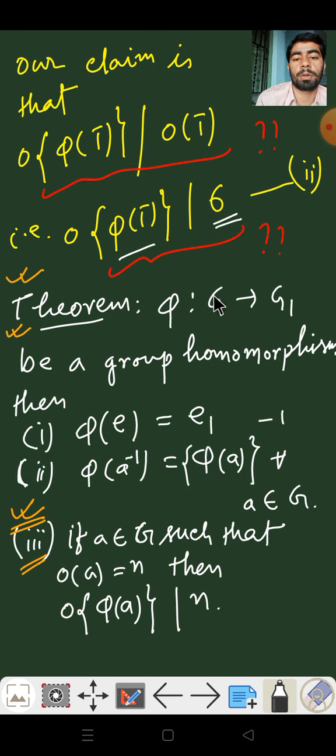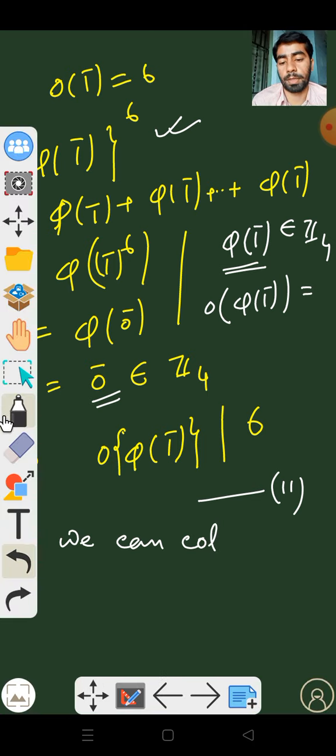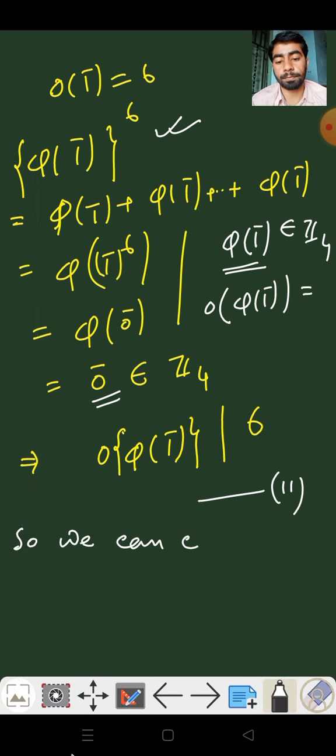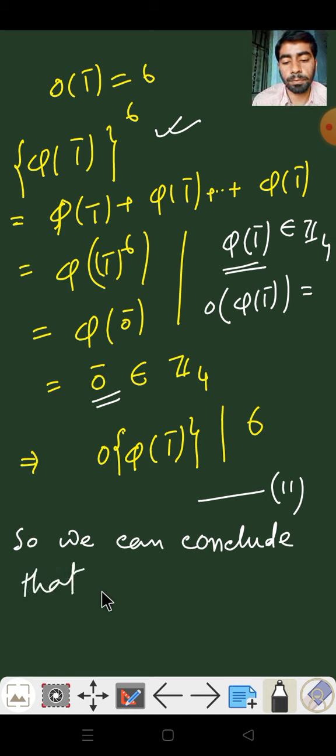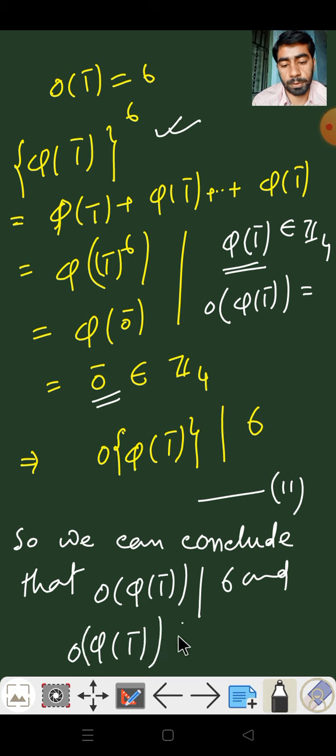So we can conclude that the order of phi of class 1 divides both 6 and 4.